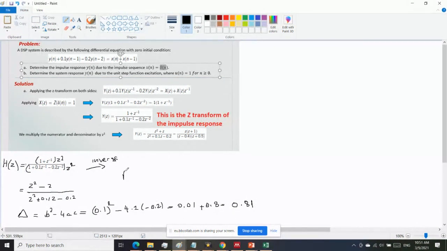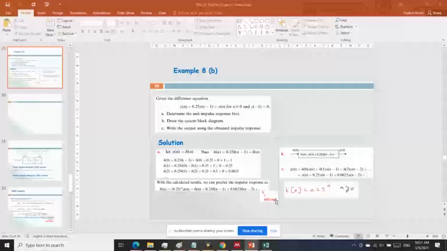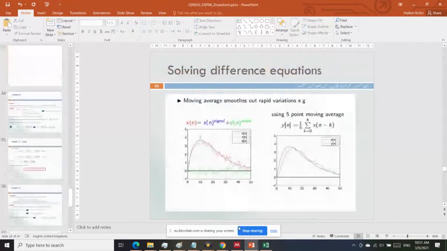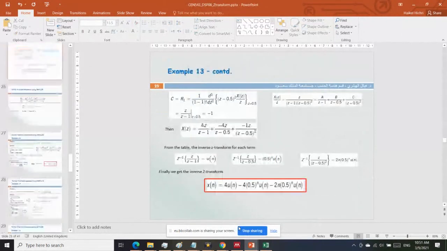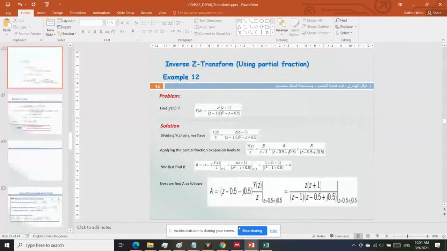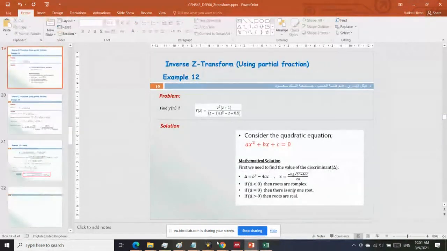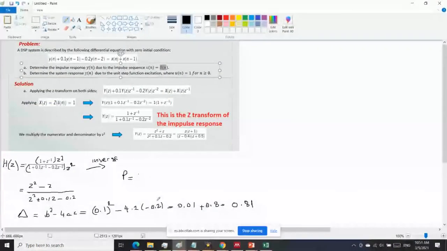Okay, so the poles are, I forgot the rule, minus b or b? I don't remember, minus b plus or minus the square root of delta over 2a.